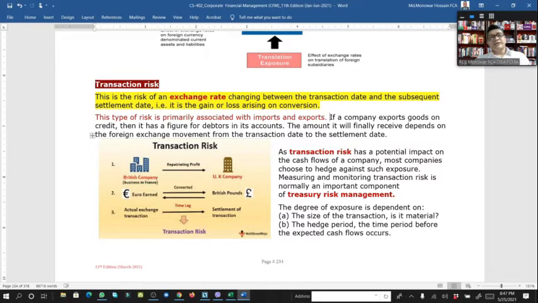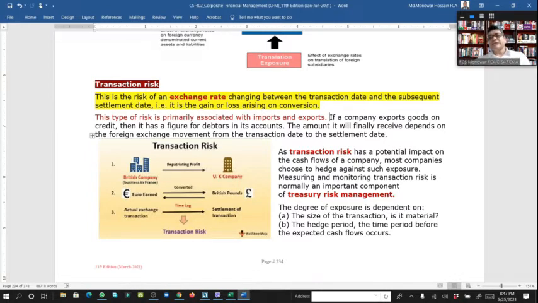So here what we are saying is that the exchange rate changes between the transaction date and the subsequent settlement date, and it is the gain or loss arising on conversion. This type of risk is primarily associated with import and export.